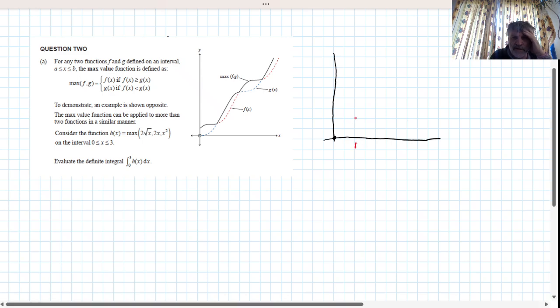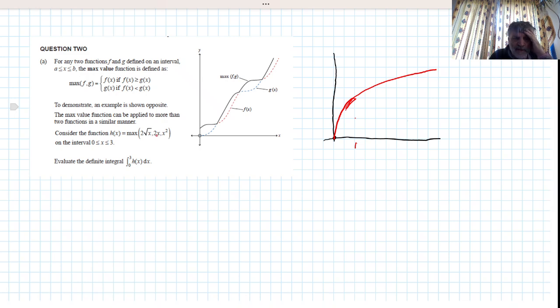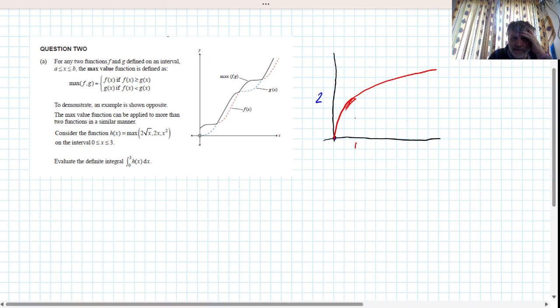So 2 root x goes through 2, so it's a square root function. It looks like this somehow. 2x looks like a straight line, and it goes through the same point. So this would be 1, 2, so it goes through that same point.